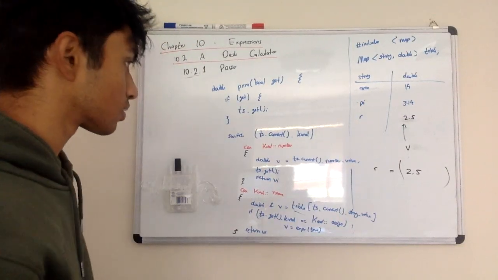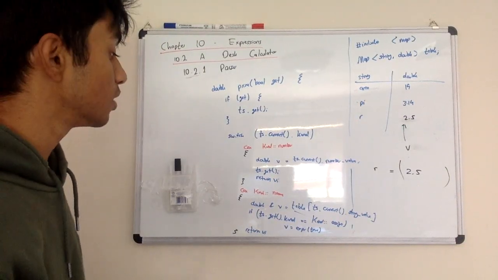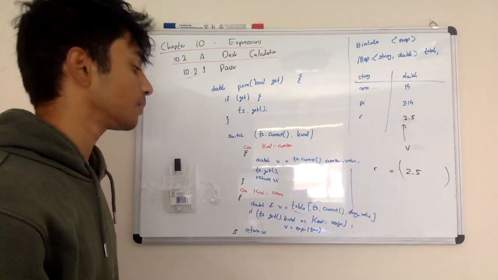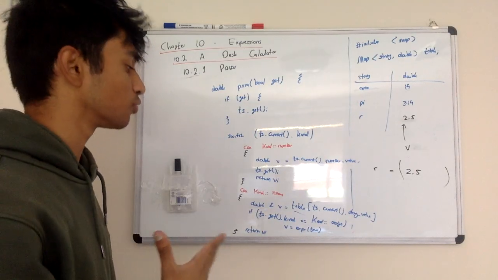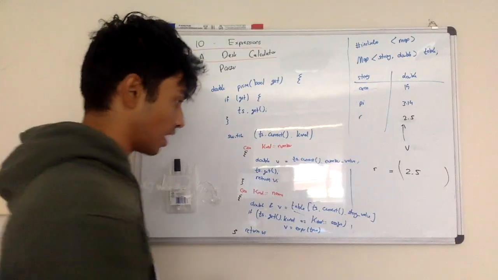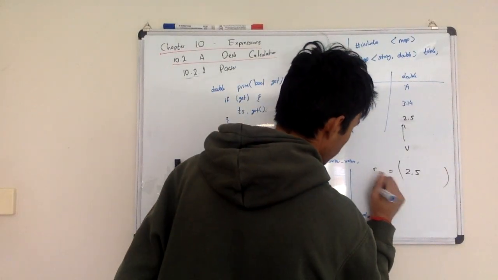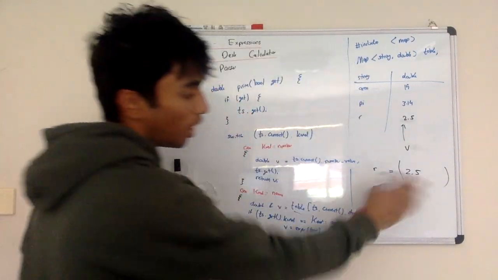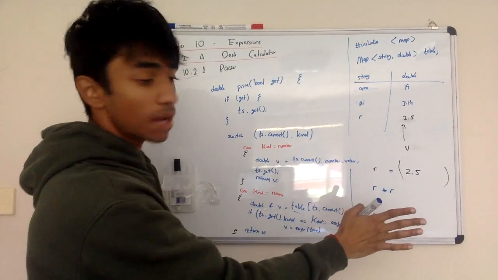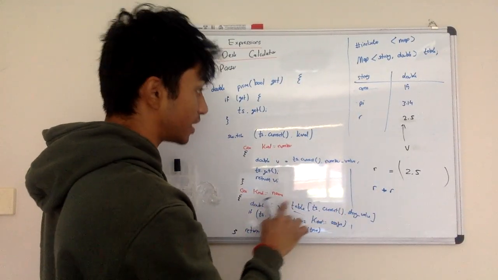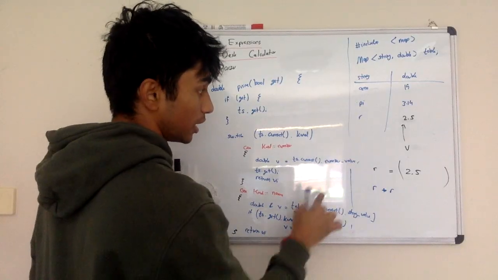So that's how the name is going to be handled, both in terms of getting a value from a name. So for example, if it's not an assignment, let's say we have area, or we have like r times r, where r has already been set, right? In this case, there's no assignment, so all that's going to happen is v is going to be set to 2.5 by using this line.